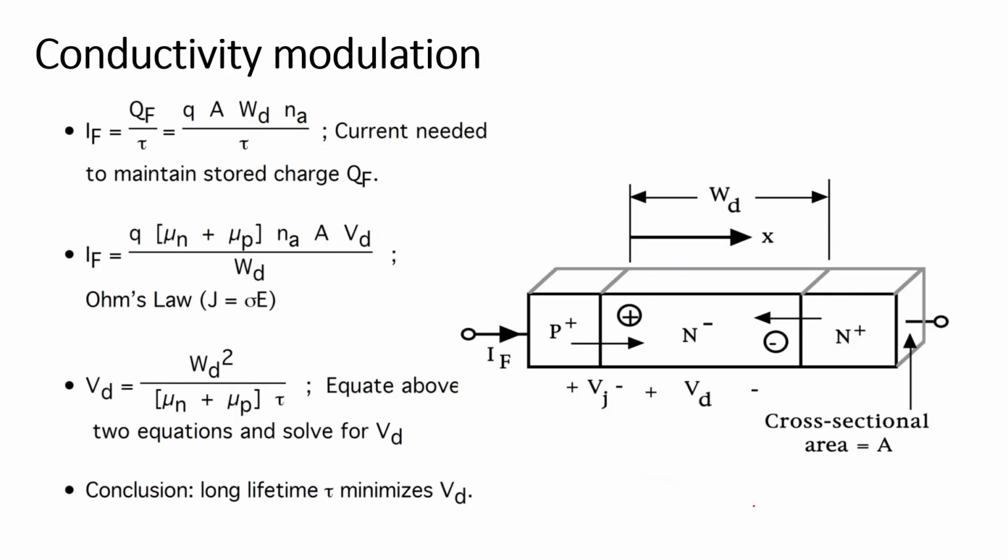Now let us do some maths to find out the current in the power diode. So first, assume that we have to supply this current externally.